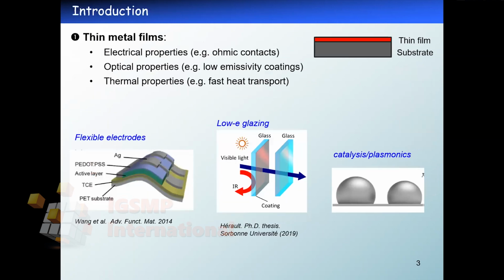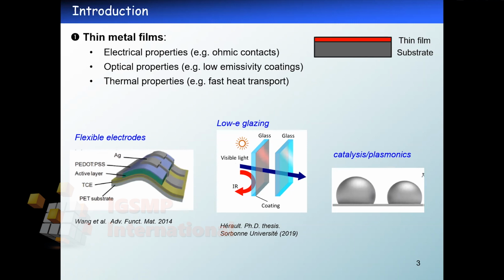So this is the context of my presentation. We are interested in understanding the early stages of growth of metallic thin films. These materials are ubiquitous in many applications, starting, for example, with ohmic contacts for the electrical properties, but they are also interesting for their optical properties, especially in low emissivity glazing, and for their thermal properties.